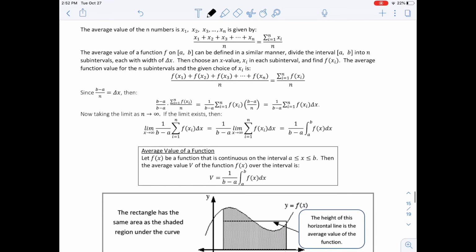The next thing that we have is the average value of n numbers, and you know about finding averages or the mean, and it involves adding up all those numbers and dividing by however many there are. And so the average value of a function f on an interval from a to b can be defined in a similar manner. Divide the interval ab into n subintervals, each with a width of delta x.